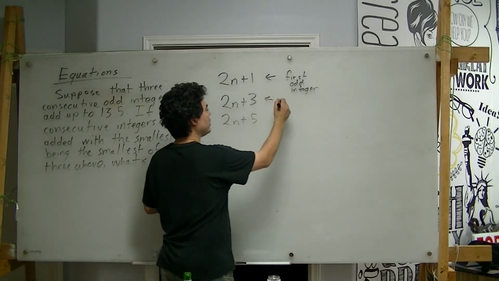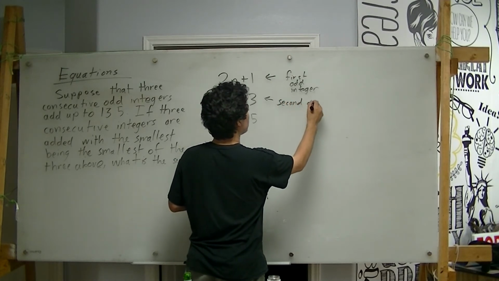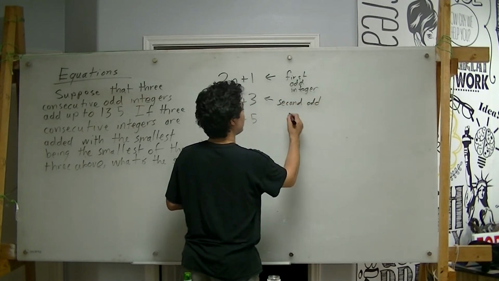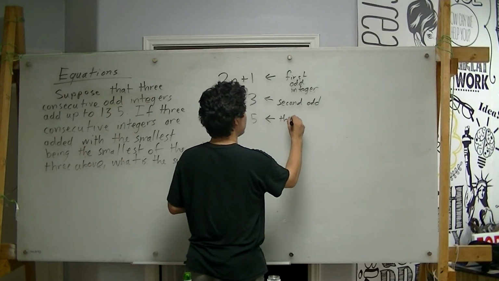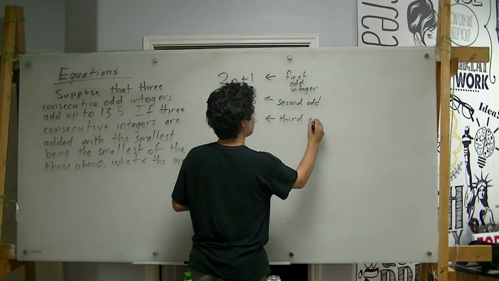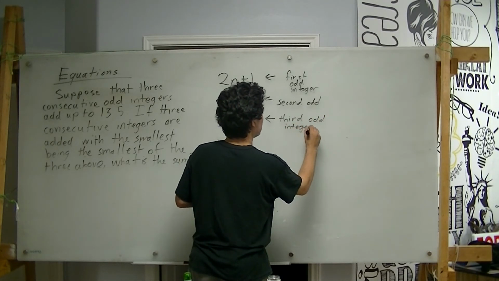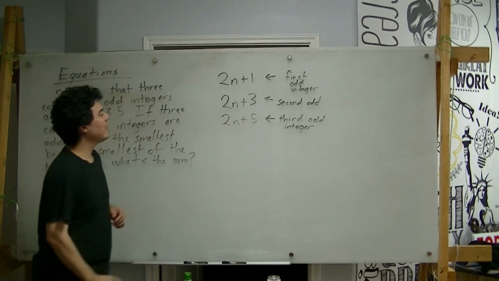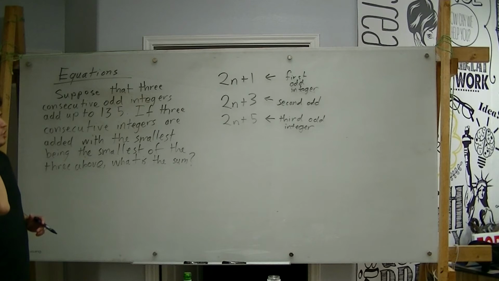So this is my second consecutive odd integer, and this one's my third one. So all three of these are consecutive odd integers.